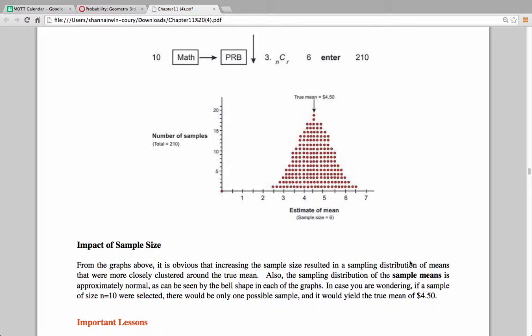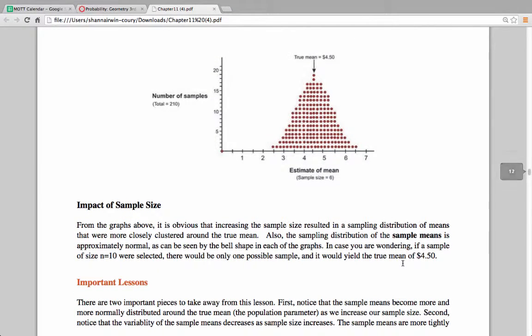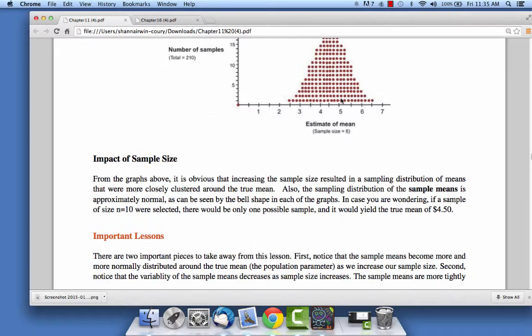So no matter how crazy skewed or uniform or totally scattered around your individual values are, so if the number of dollars that people have in their pocket is actually wildly not normal, if you take a bunch of samples and you only plot their means, that actually is normal, no matter what. So we can use then rules about normal distribution to analyze these sample means and what they indicate about the population mean.